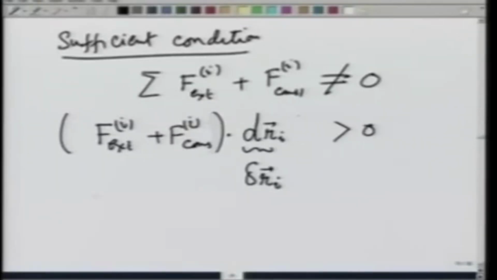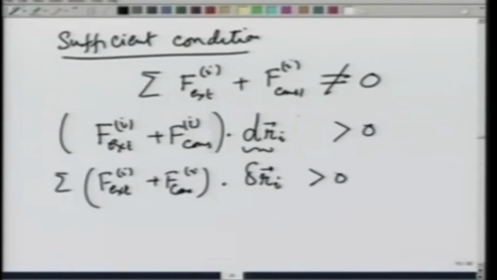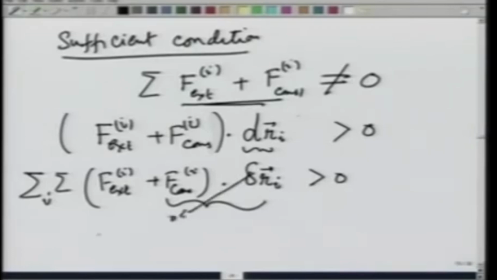So, F external i plus F constraint i dot delta Ri will also be greater than 0 for each particle. If this is greater than 0 for each particle, the summation over i would also be greater than 0. So, the work cannot vanish. If the work vanishes, that means that this sum must be 0. Again, we are going to use the fact that the work due to constraint forces is 0, and therefore, again the summation of F external i is greater than 0.